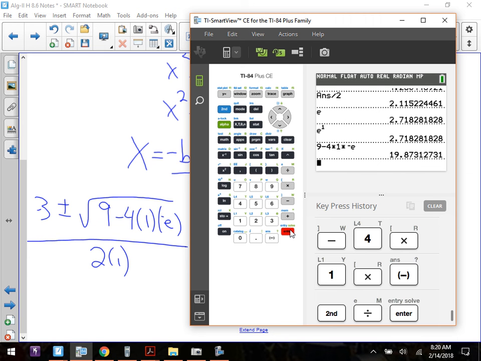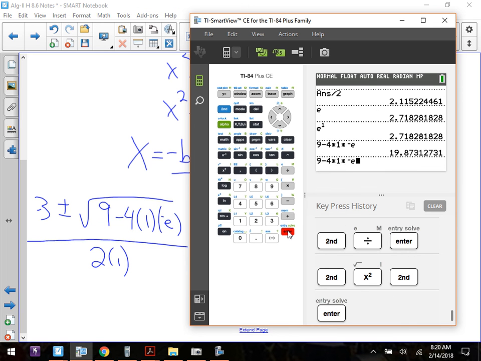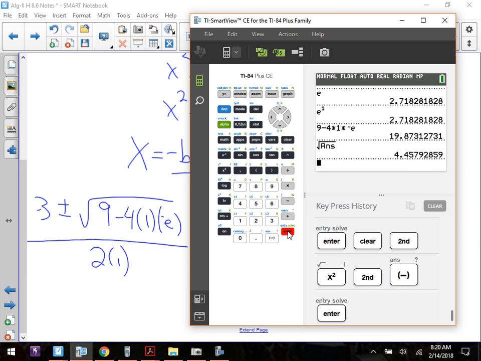So I take the square root of said number, second square root of my answer, and hit enter. This one's quicker.